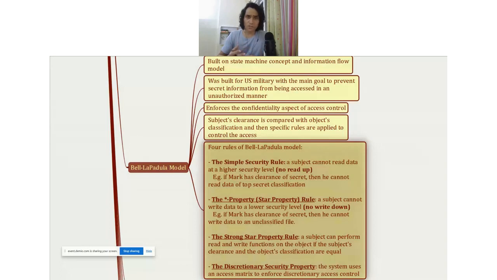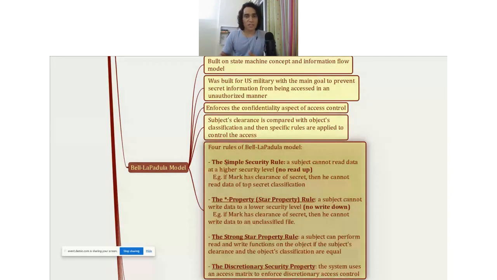There are various systems like MAC systems and DAC systems. MAC is mandatory access control. DAC is discretionary access control. MAC systems are based on this model, Bell-LaPadula, because before they grant access to any object to any subject, they perform these exact same checks, comparing the subject's clearance with the object's classification.